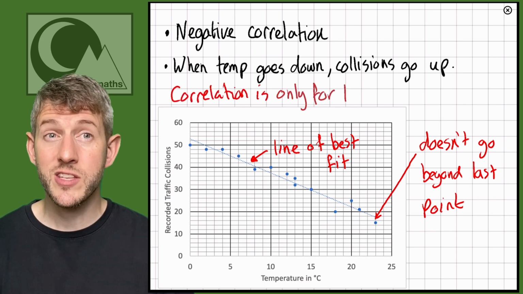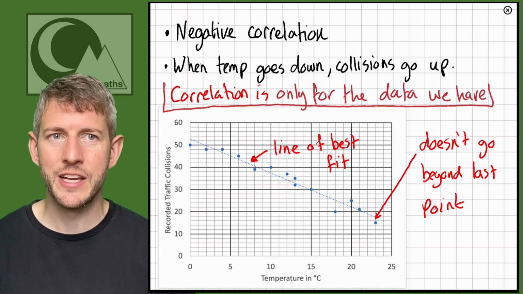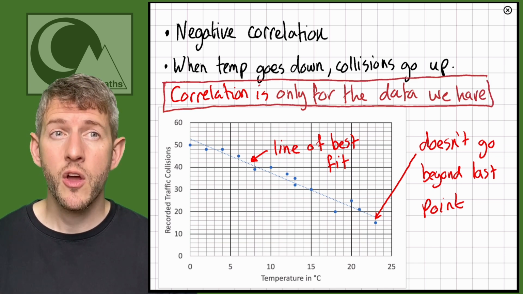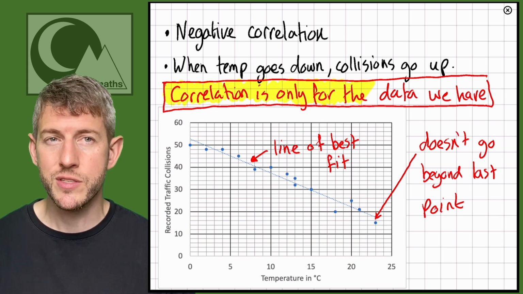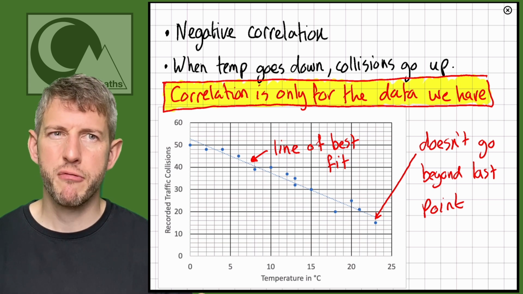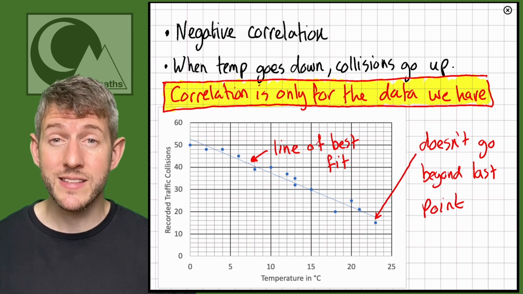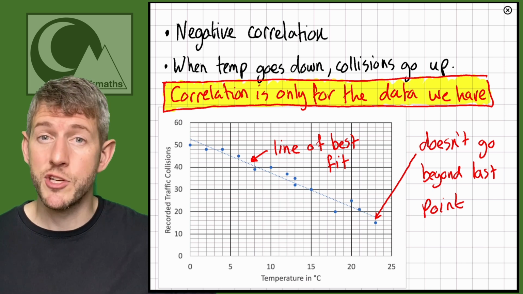So although we can see that there is a negative correlation between recorded traffic collisions and temperature, we can only say that that relationship exists between the temperatures of 0 degrees and 23 degrees, because it could be the case that after 23 degrees, the recorded traffic collisions do something else.